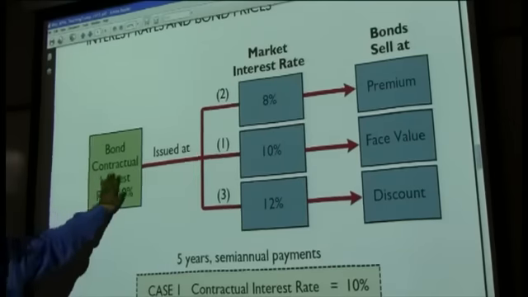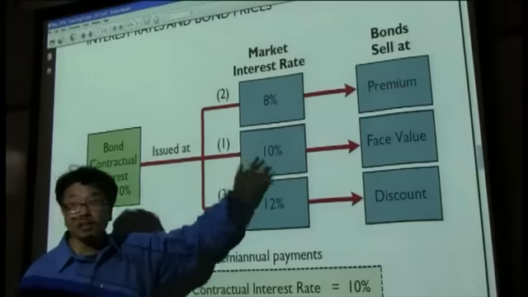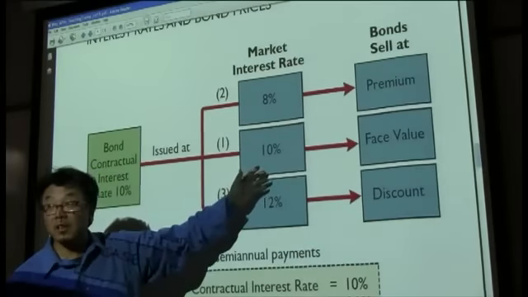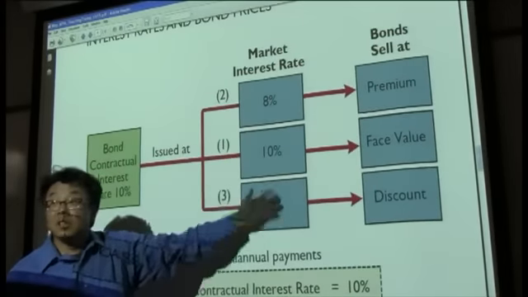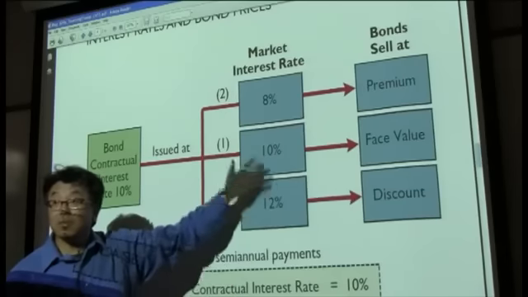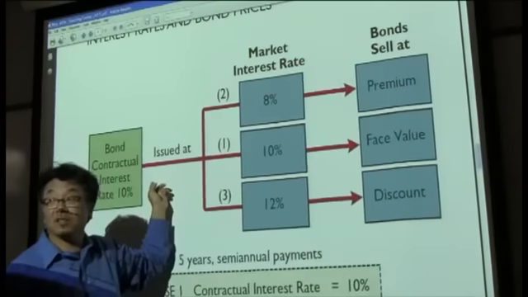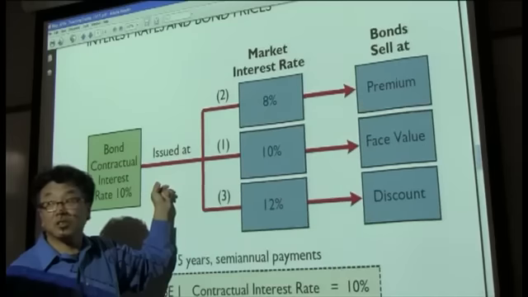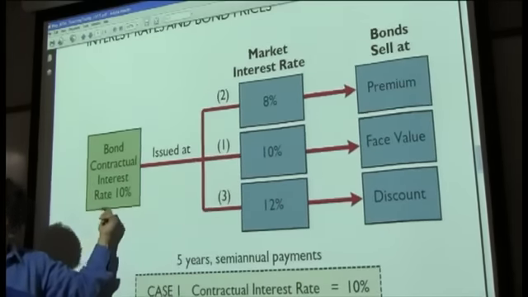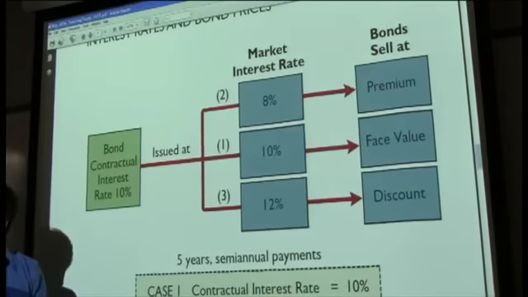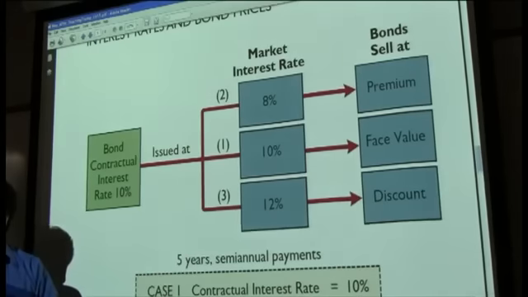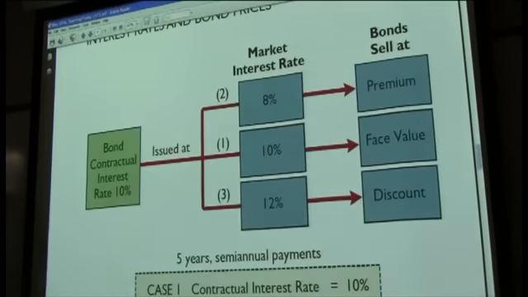This is your promise; this is the market that you cannot control. This is the invisible hand, supply and demand. When the market rate is higher, then it's not good news for your bonds. If it is lower than your bond's rate, your bond is superior, and you can issue at a premium. It's not that hard if you really logic it out.